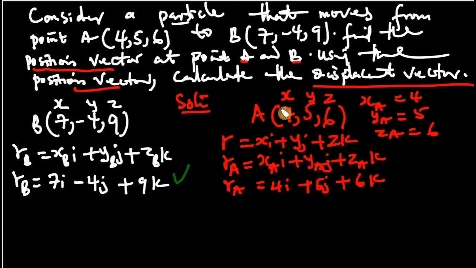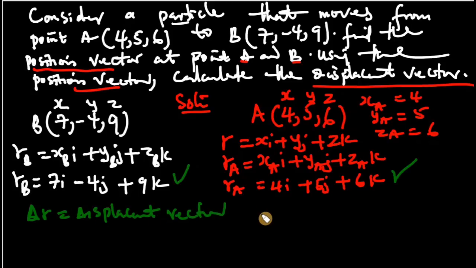The question says find the position vector at point A and B. So the position vector at point B is this, and the position vector at point A is this. And to find the displacement vector, which is the change in position vector, as we saw earlier on, the displacement vector will be RB, which is the final position, minus RA, the initial position.